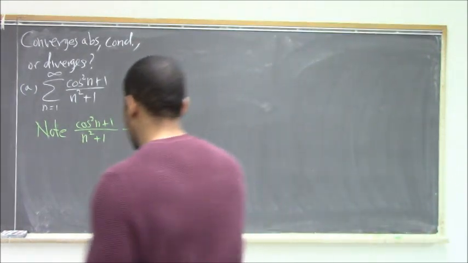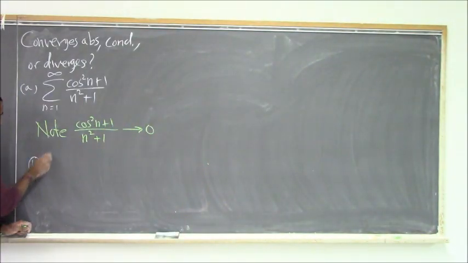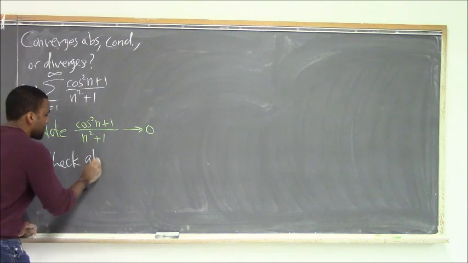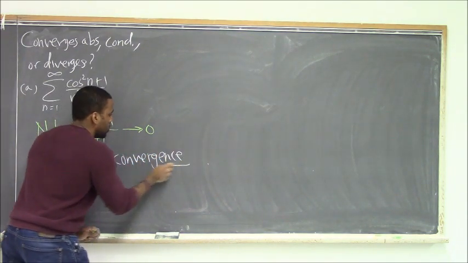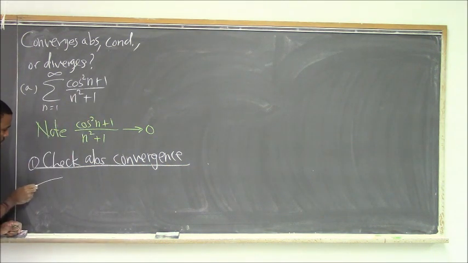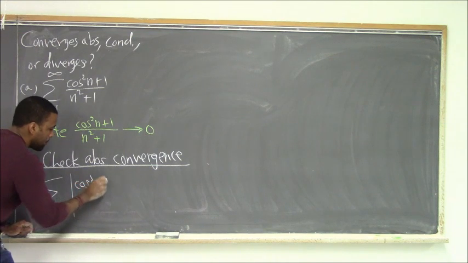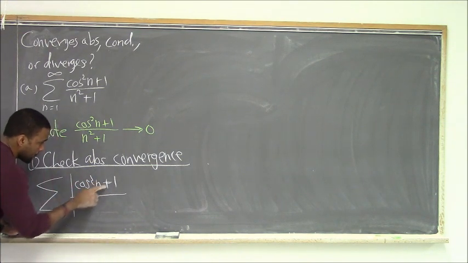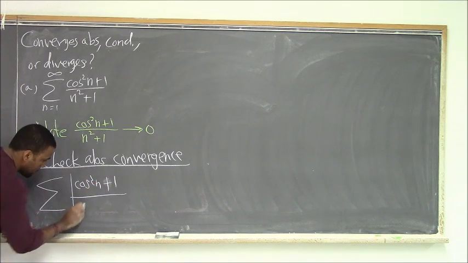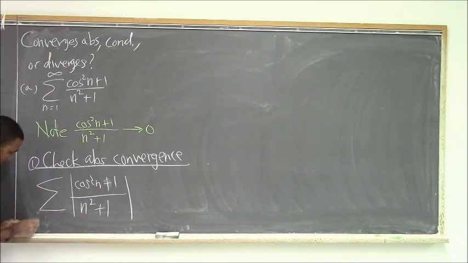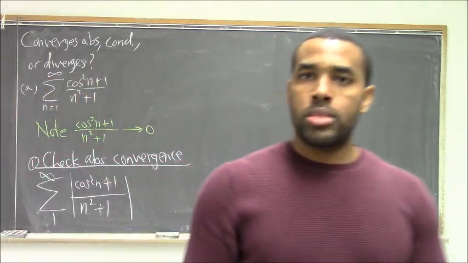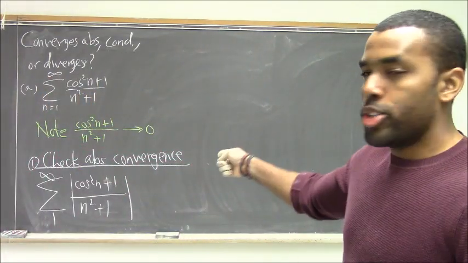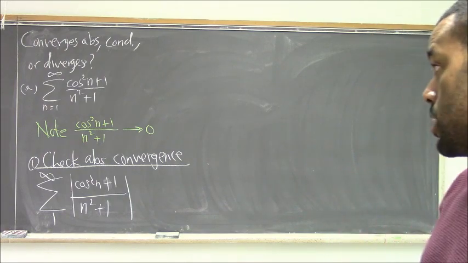the first thing I check is absolute convergence. Which means I'm going to look at this series and put absolute values around it. Now my goal, for the next few moments, is to figure out if that guy converges, right?